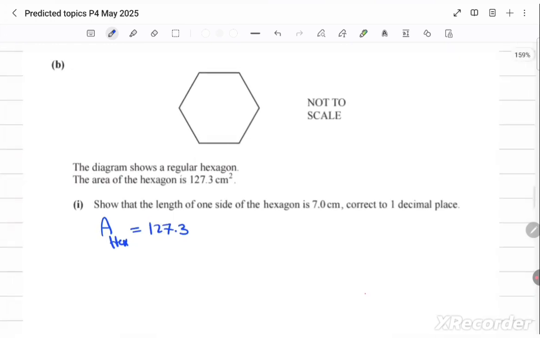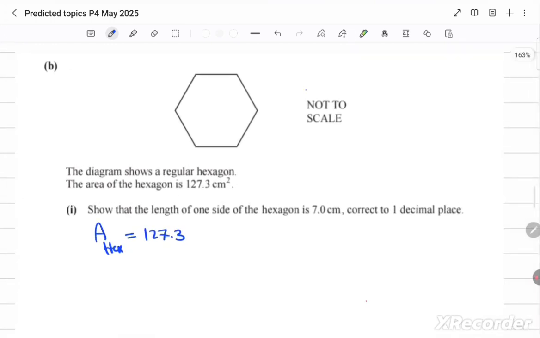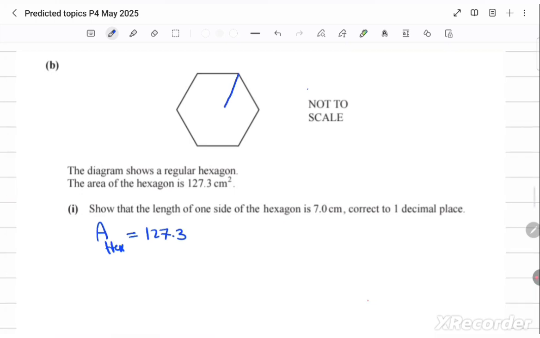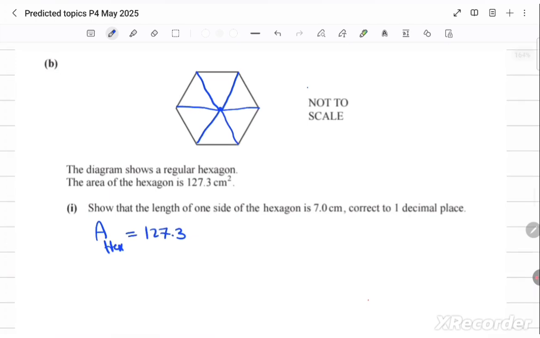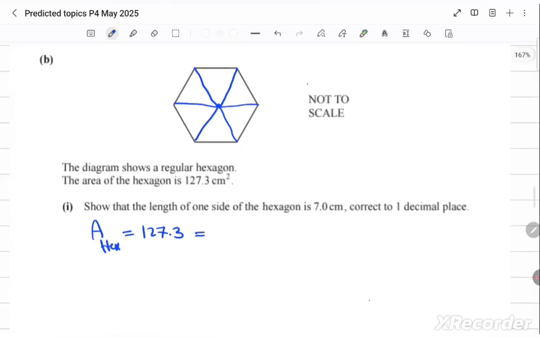At the same time, we know that we can divide this hexagon into 6 triangles. This is one triangle, this is the second triangle, the third, the fourth, and now we have 6 triangles. So the area of this hexagon equals 6 triangles, and the area of one triangle equals 127.3 divided by 6.